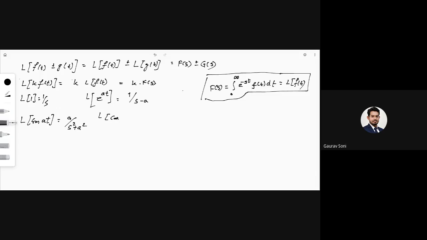Laplace of cos of at is equal to s upon s square plus a square. If sine and cos are hyperbolic, Laplace of sinh of at is equal to a upon s square minus a square, and Laplace of cosh of at is equal to s upon s square minus a square.